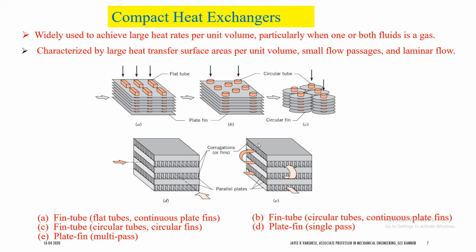So if we assume that there is only convection and conduction mode, then the total heat transferred between the hot and the cold fluids can be given by Q equals U into A into delta T. It's as simple as it is. Here U represents the overall heat transfer coefficient, A is the surface area of heat exchange for convection, and delta T is the temperature difference between hot and cold fluid.